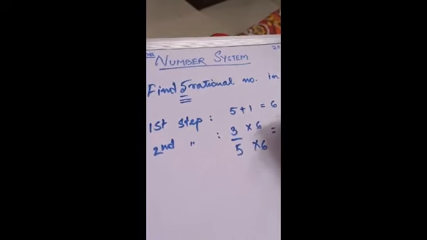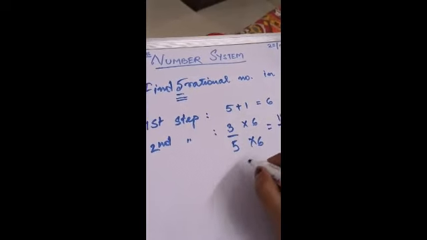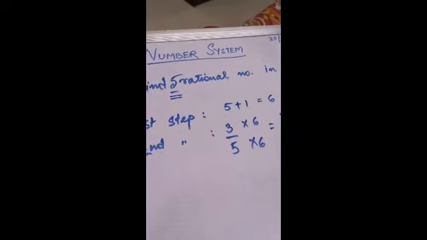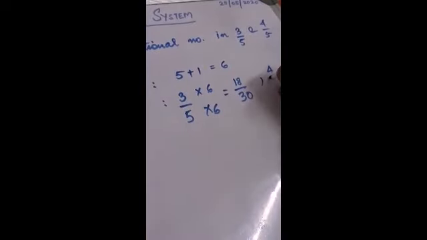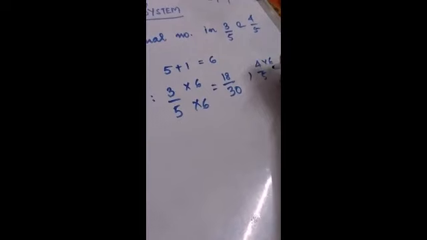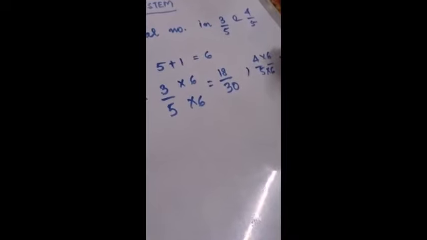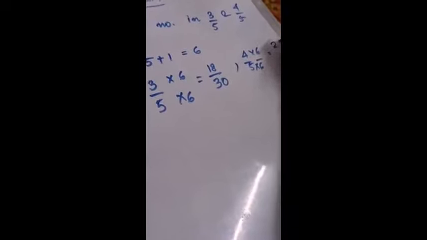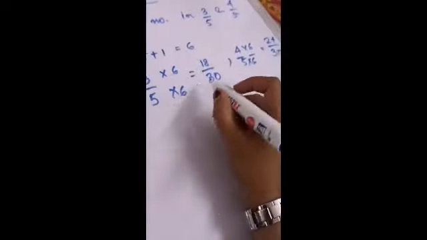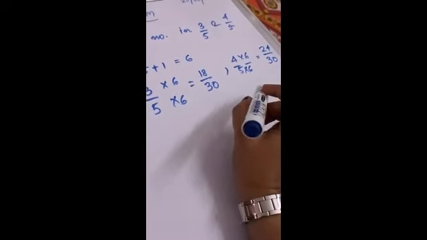So it comes as 18 by 30, and here it comes as 4 by 5, this comes as 24 by 30, right? 18 by 30 and 24 by 30.